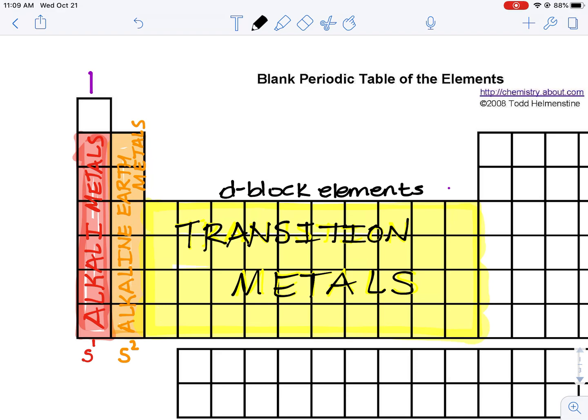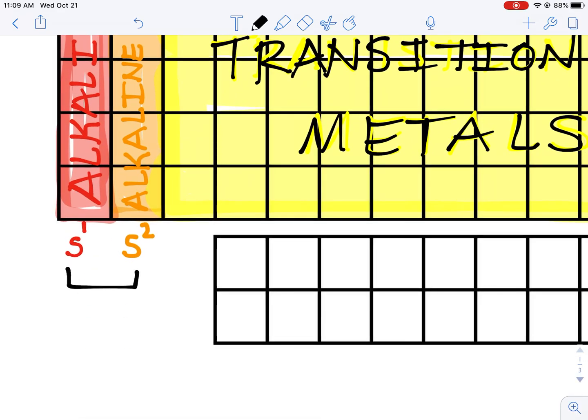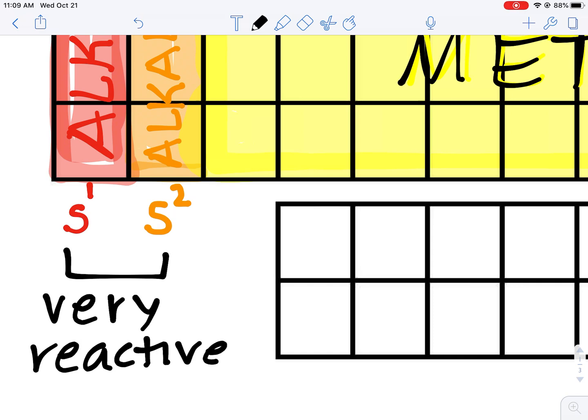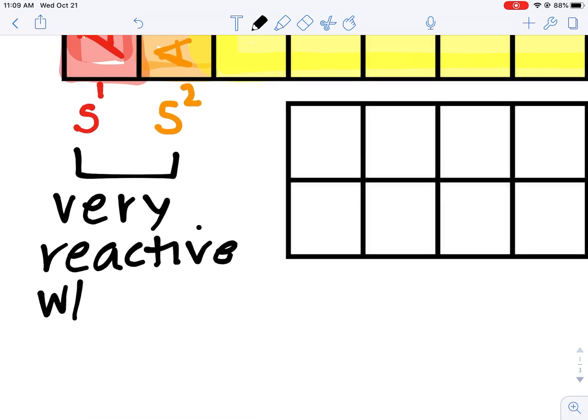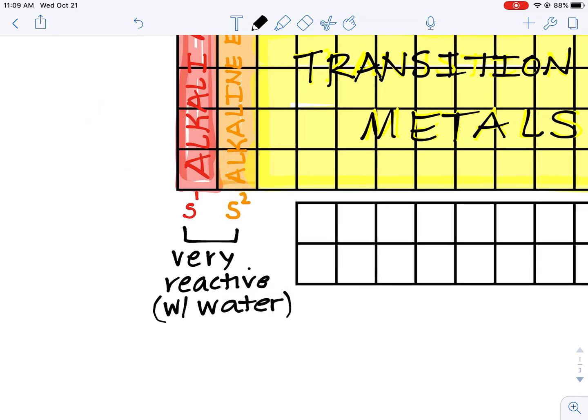Before we proceed, let's talk about a couple things. In the video last class, we learned that the alkali metals and the alkaline earth metals are very reactive with water. I'm going to put with water in parentheses because ultimately they're very reactive, period.